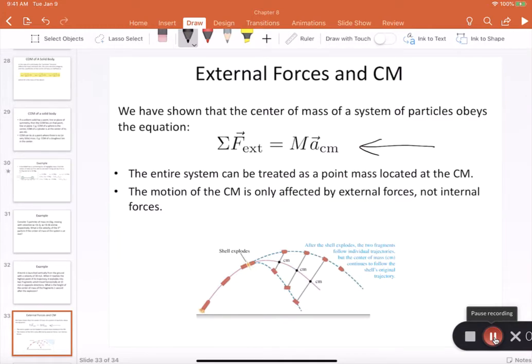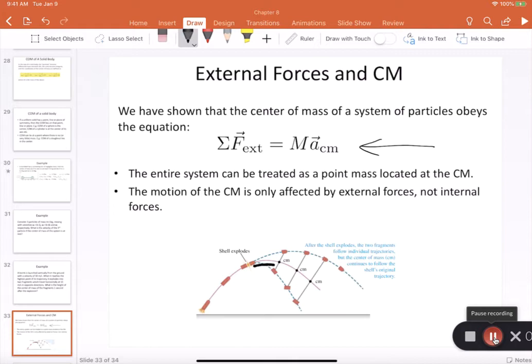The forces of the explosion are all internal forces, because of the two pieces pushing on each other. They don't affect the motion of the center of mass. So the center of mass will just continue the parabolic trajectory that the shell would have followed had it not exploded, right? That's a very important and useful idea, and you often use it in doing problems.